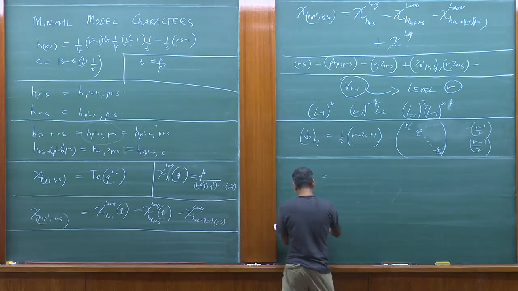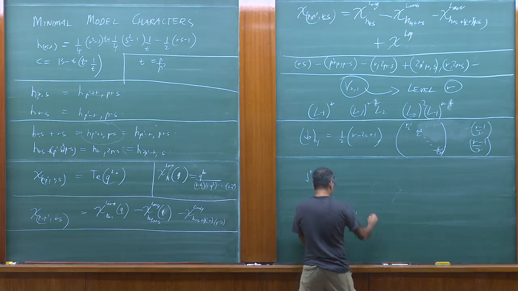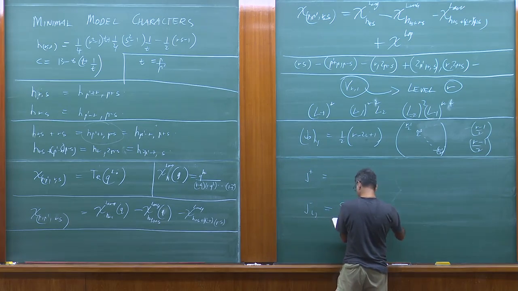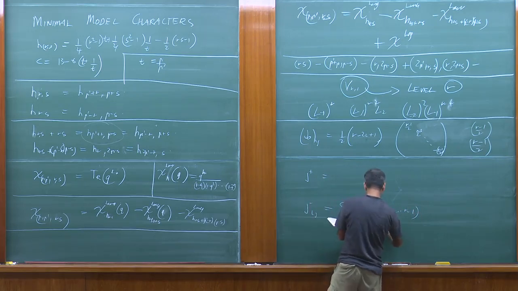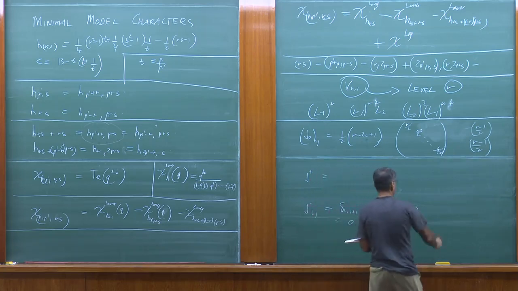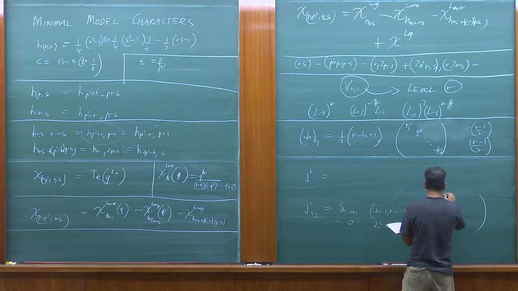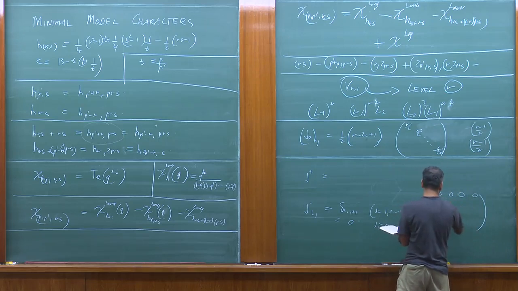(J minus)_{ij} is equal to delta_{i,j+1} for j equal to 1, 2 up to R minus 1, and is equal to 0 for j equal to R. So this matrix is very simple. It's just got a bunch of ones. The first row is zeros and then it's got ones like this.